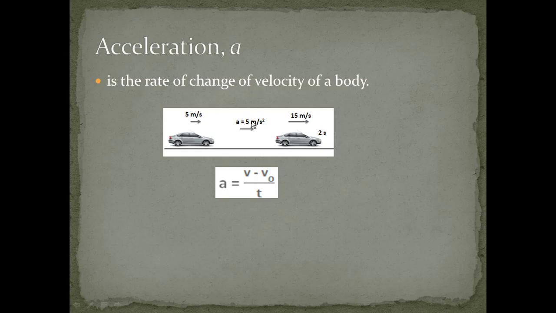meters per second squared. Okay, so how did we get the unit meters per second squared? The unit of the velocities above the fraction is obviously meters per second. So you have actually meters per second divided by the unit of time, seconds. In order to get the meters per second squared, remember your division of fractions.